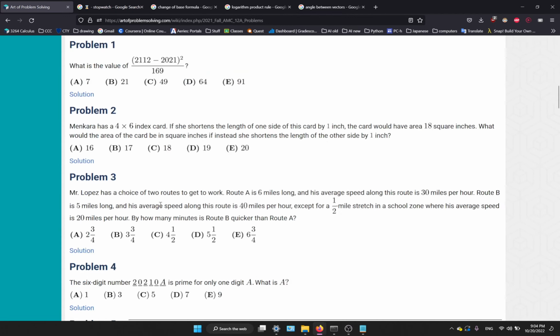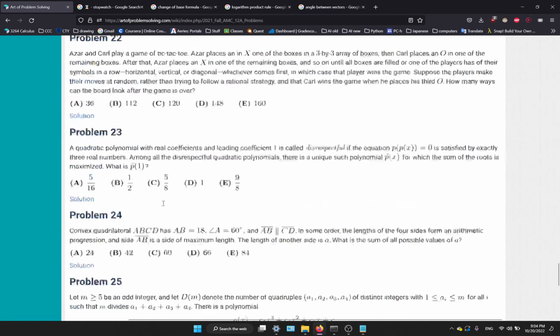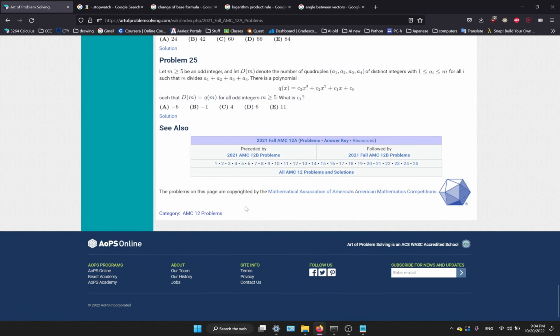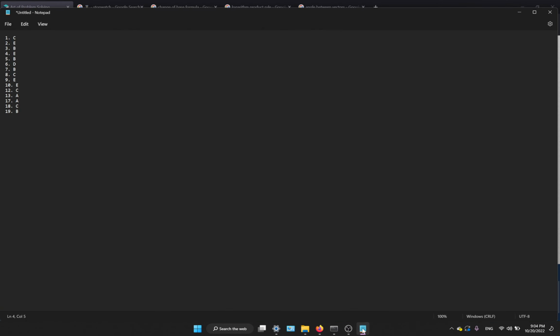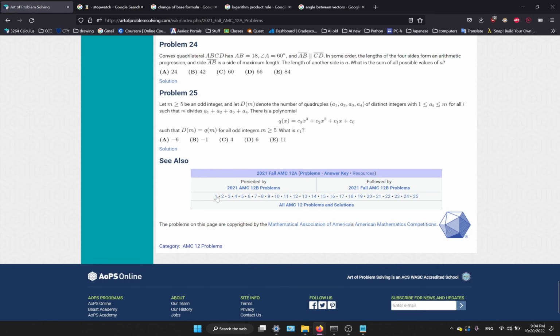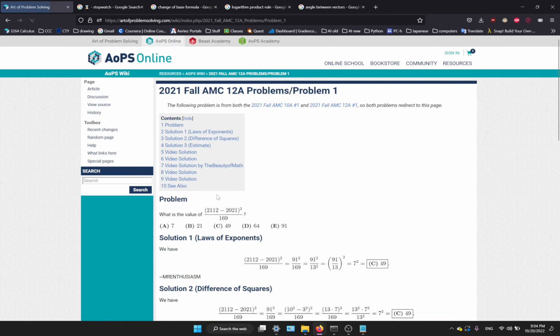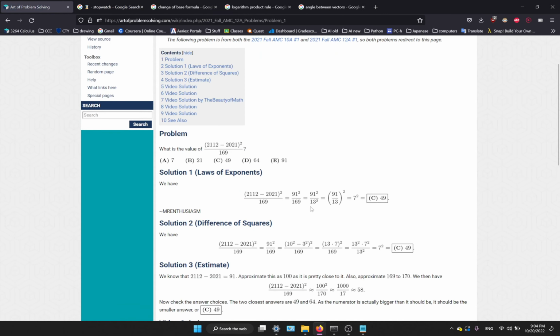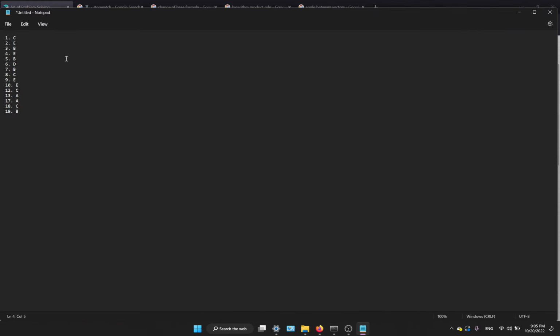Huh? Where do we go? Problem answers. So need to check the answer for 1C. Yes, we good. 1 is correct. I'll put like a correct next to it. I'll say true, maybe.